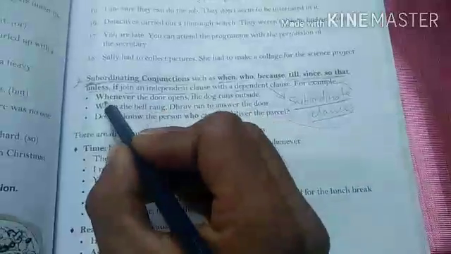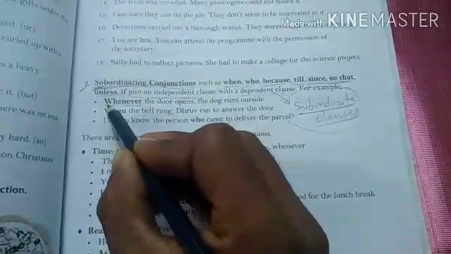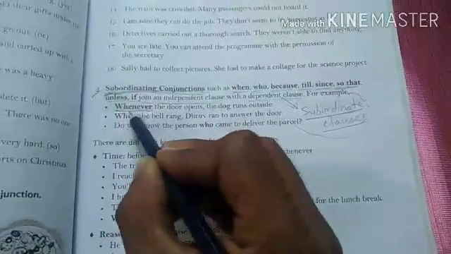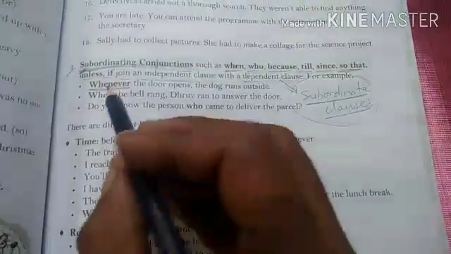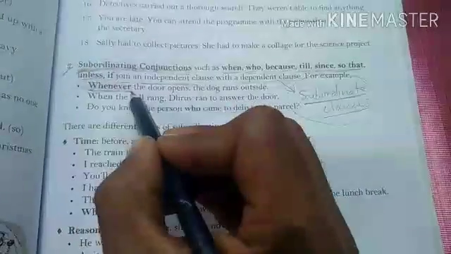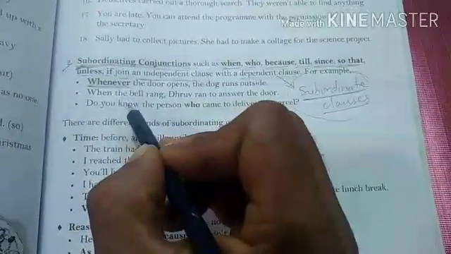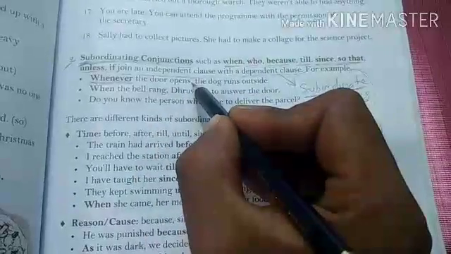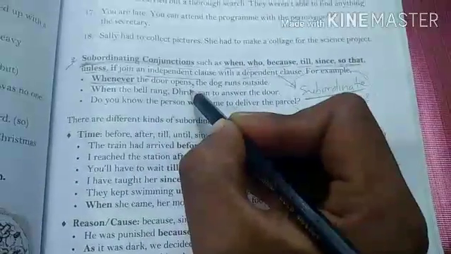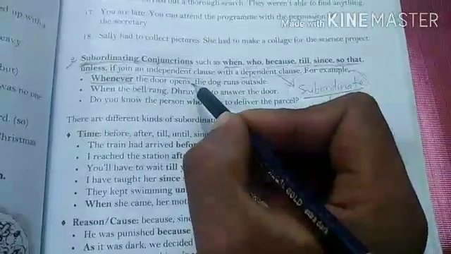So here we have used the conjunction at the beginning of the sentence. So when we use the subordinating conjunction at the beginning of the sentence, what we have to keep in our mind is that we have to use a comma in between the two parts of the sentence.